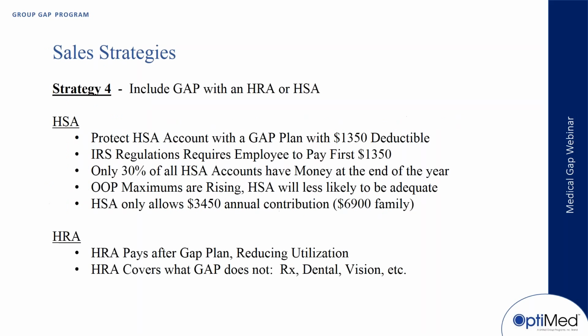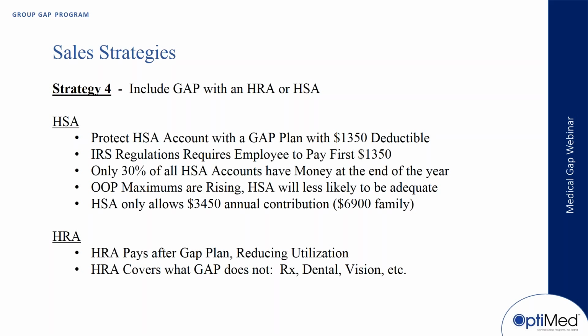Strategy number 4. Include a gap plan with an HRA and an HSA. So you could have a group right now that has a health savings account plan, HSA compatible plan, and they might want to keep their HSA.